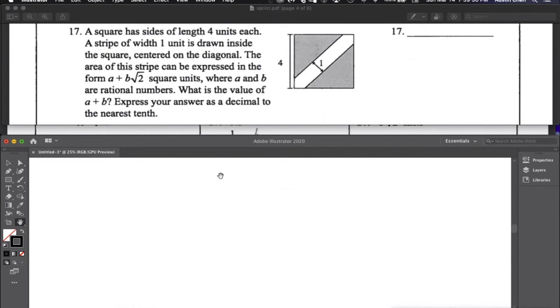Yeah, we have a stripe in a square. We want to find the area of the stripe, and we know that its width is going to be 1. You can do this multiple ways. You can find the area of the dark triangles and subtract it from the total area of the square.